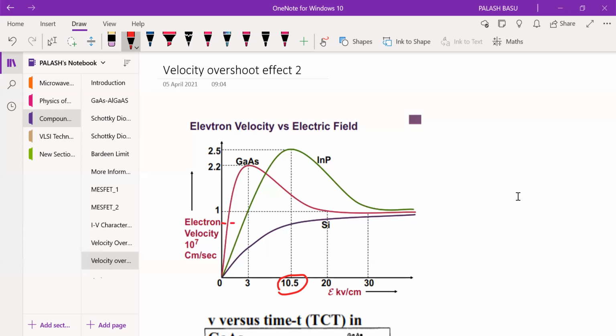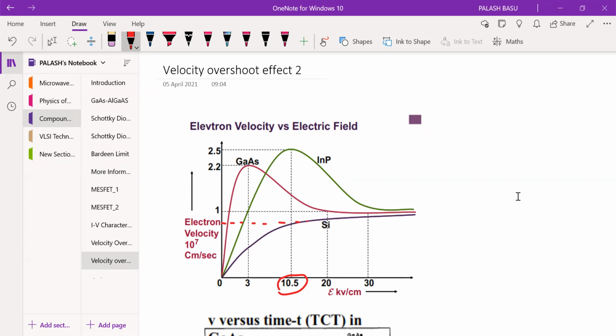So for an example, silicon is 0.8 into 10 to the 7 centimeters, which is definitely low, right? Like for silicon, you can assume that the critical velocity is very, very low.